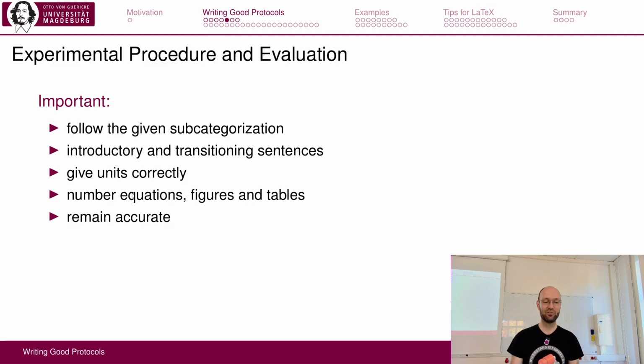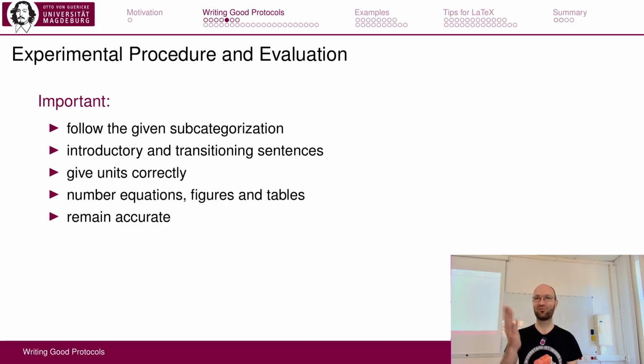Then equations, figures, tables are usually numbered. Why is it useful and meaningful to number equations, figures, tables? I've seen a PhD thesis at our faculty once where there was just one equation and this was not numbered, but usually you have a bit more than one equation in your protocol or thesis report.